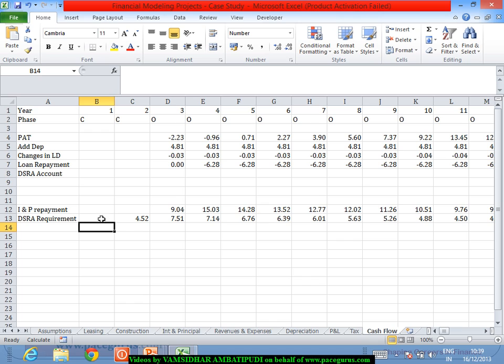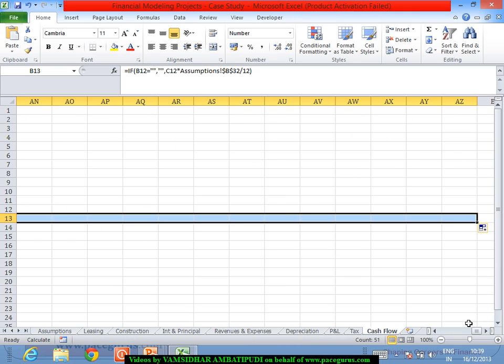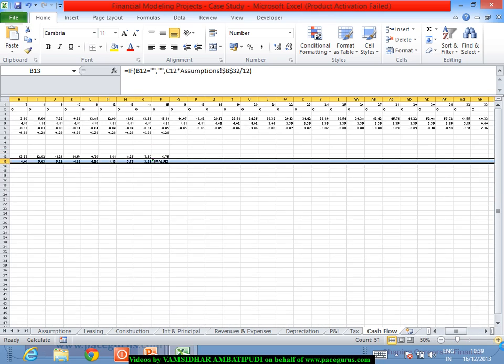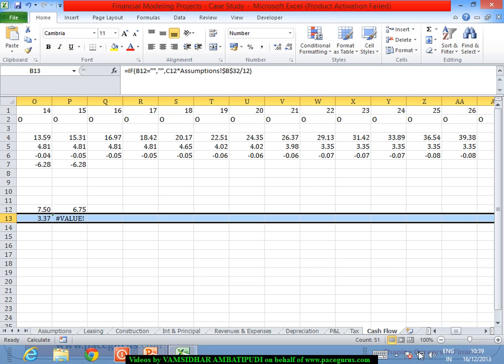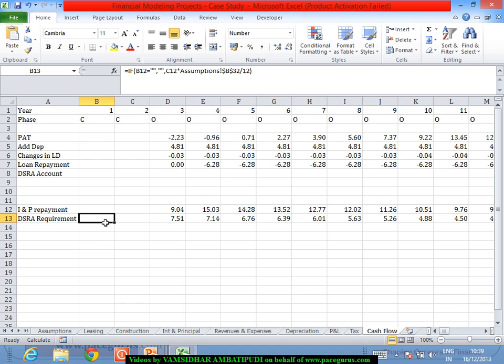Now because of that, this is coming out as an updated formula, and if I drag it across, what we are seeing is, at least for the last year, I think if this is blank, leave it as blank, otherwise take the next period.